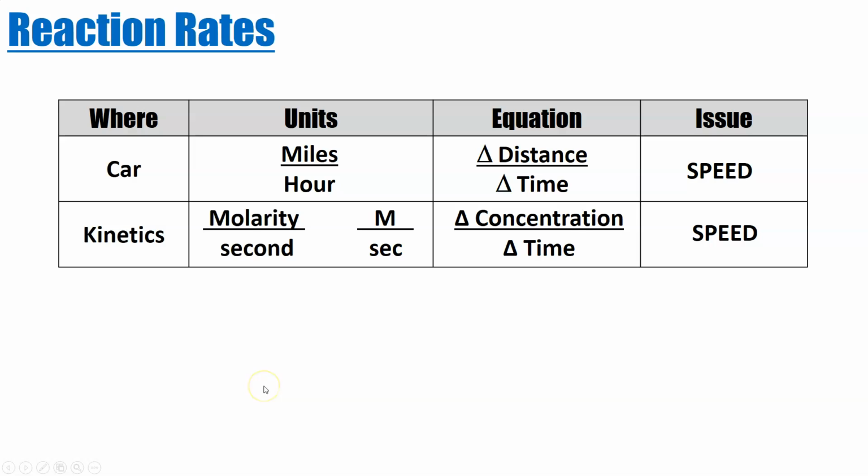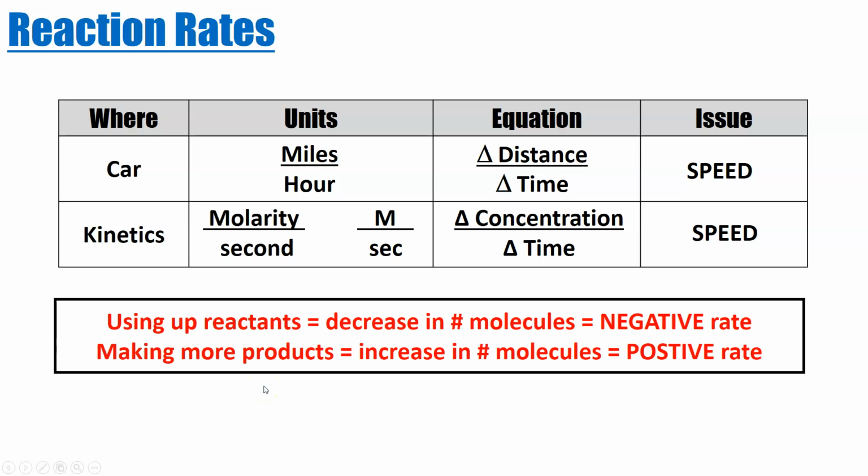So the fundamental thing to think about is that if we're using up our reactants, we're going to have a decrease in molecules. So our delta concentration will be negative. So it's going to look like it's a negative rate. If we're making products, our delta concentration will be positive, won't it?